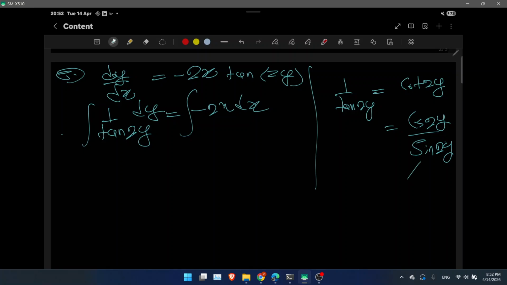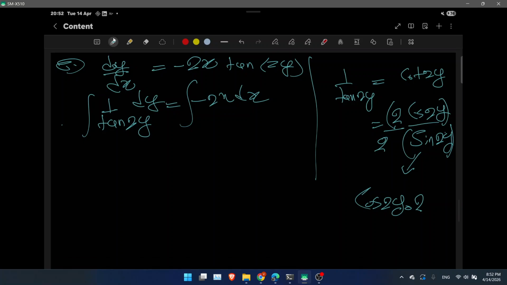What is the differentiation of sin 2y? It is just cos 2y times 2. If we multiply by 2 and divide by 2, the differentiation of the denominator is in the numerator, so we can easily write it using ln.